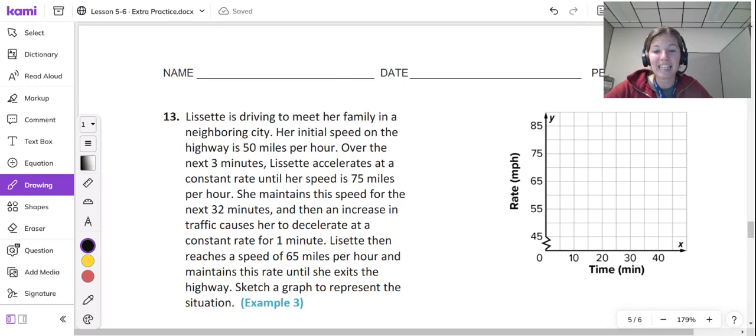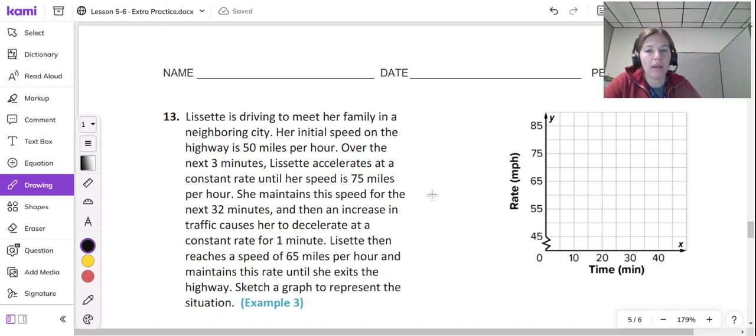She maintains this speed for the next 32 minutes. And then an increase in traffic causes her to decelerate at a constant rate for 1 minute. Lisette then reaches a speed of 65 miles per hour and maintains this speed until she exits the highway. Sketch a graph to represent the situation.